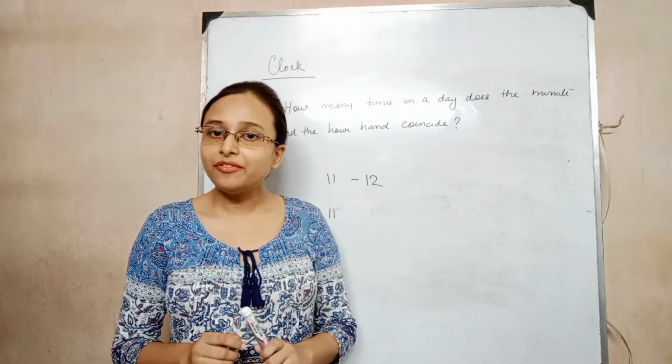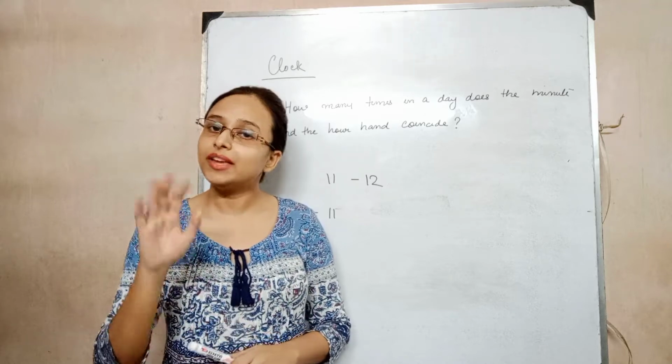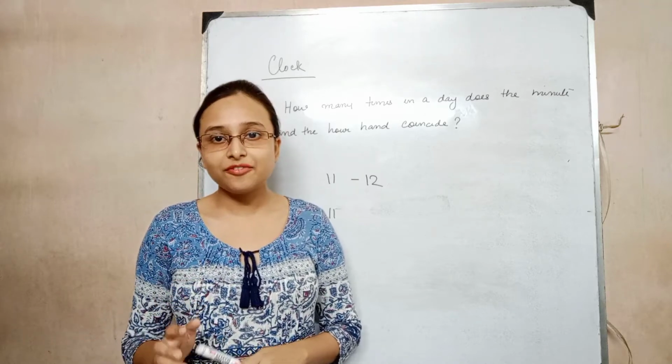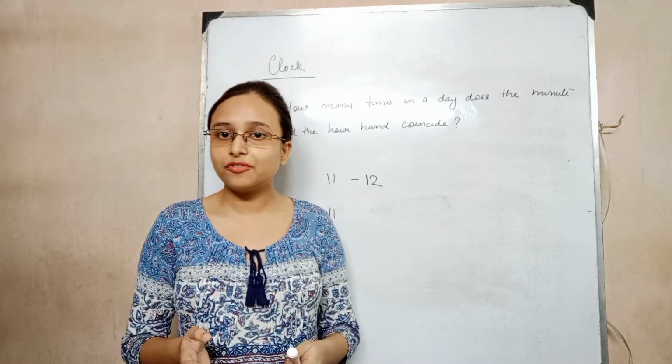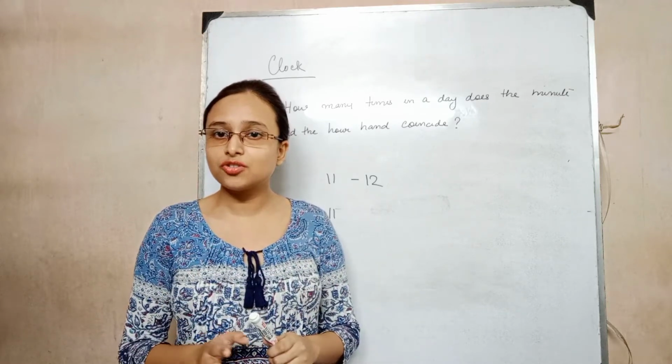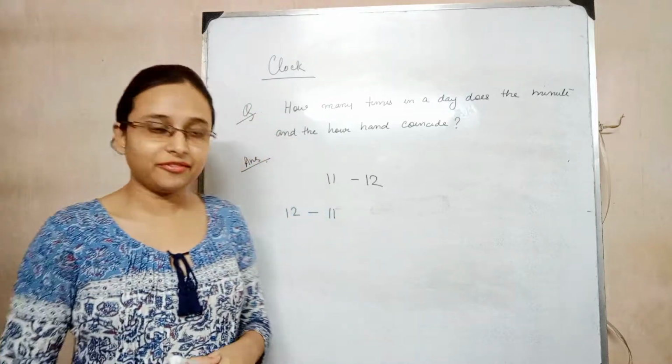We know in 12 hours there will be 11 coincidences. Therefore, let me give you the formula. The frequency of one collision is 12 hours by 11.